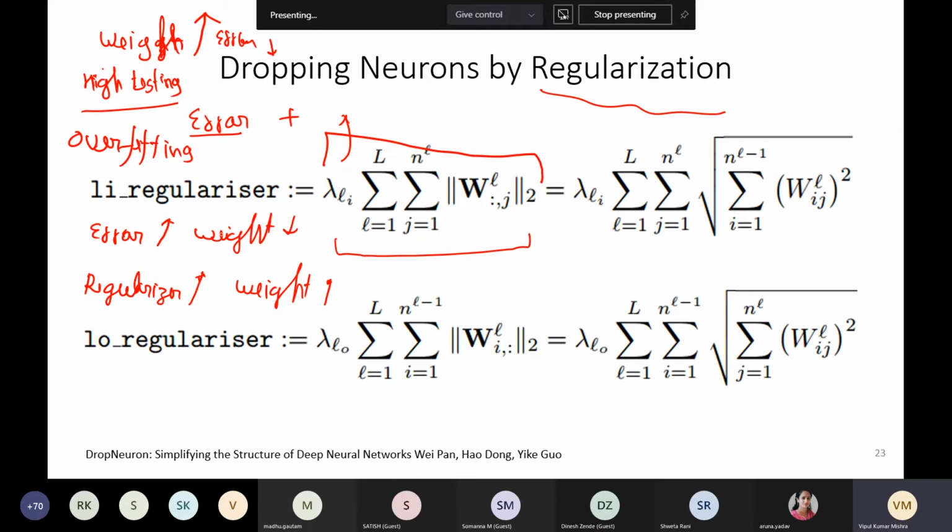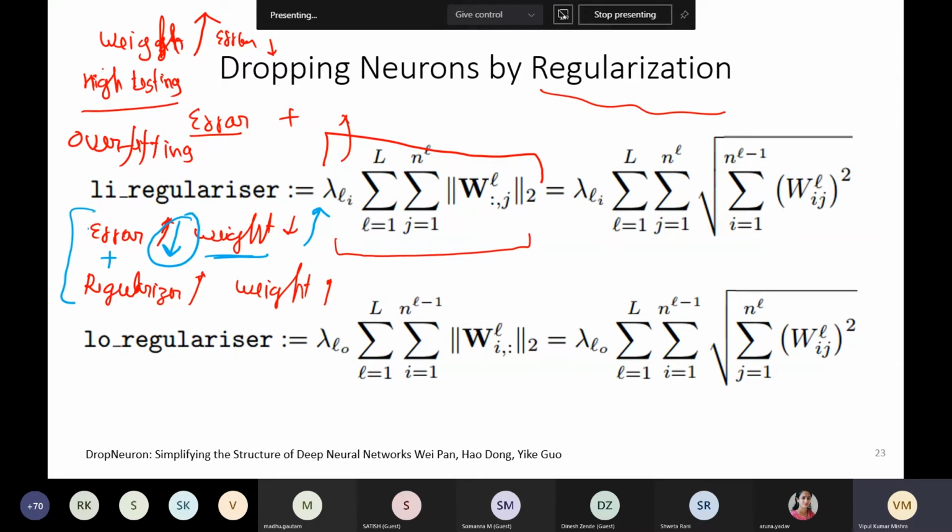So ultimately what we want is to reduce the error. In order to reduce the error, we are increasing the weight. But if the same weights increase, your regularizer will also increase. So I want to reduce the total sum.